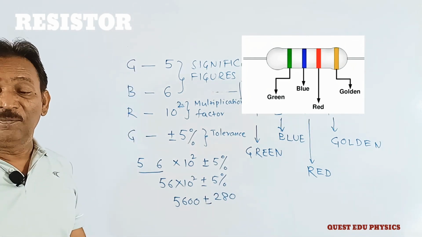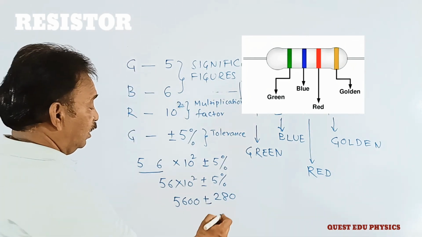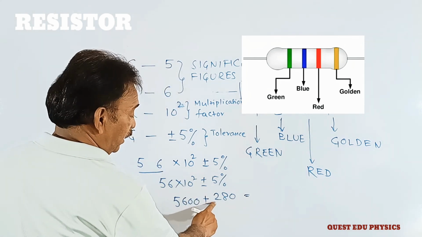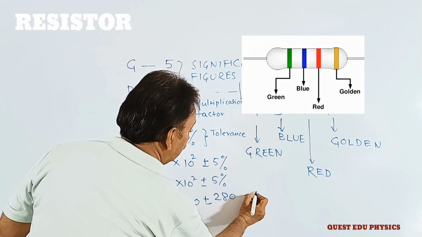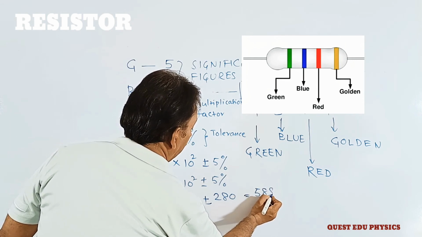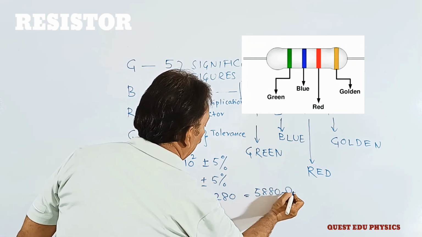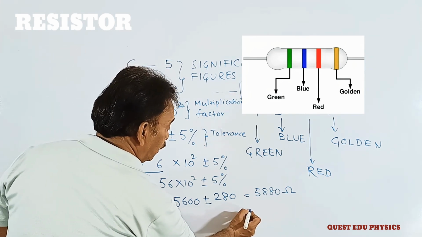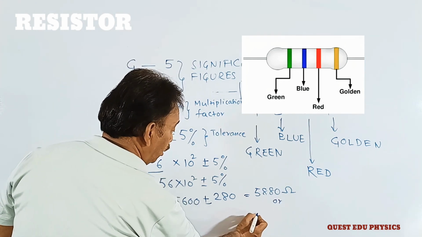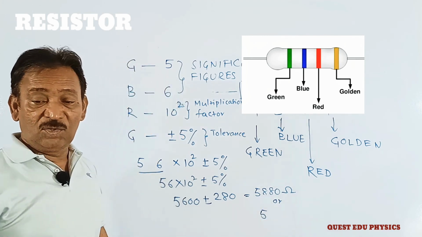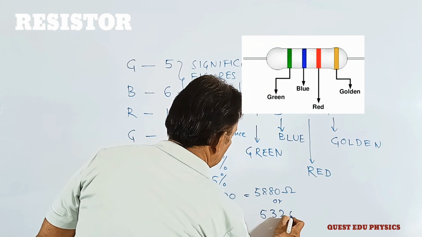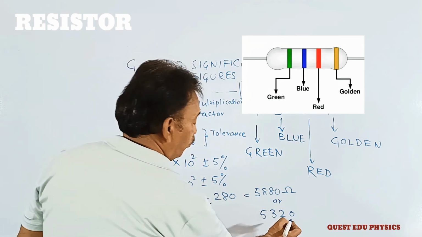Okay, students. If you go with this, it is 5600 plus, I am taking the plus, 280, it is 5880 ohm. And if you go with the minus, it is 5320 ohm.